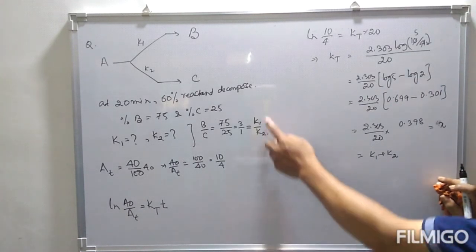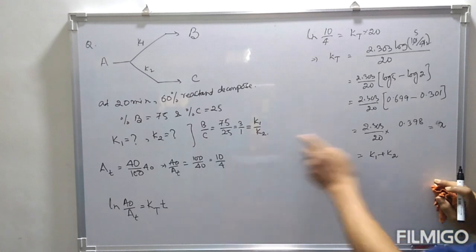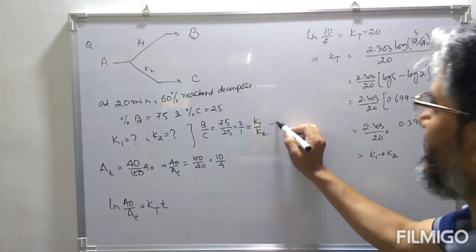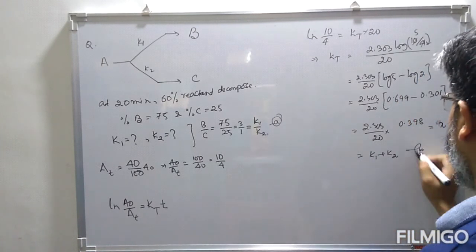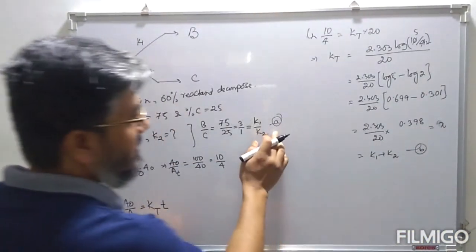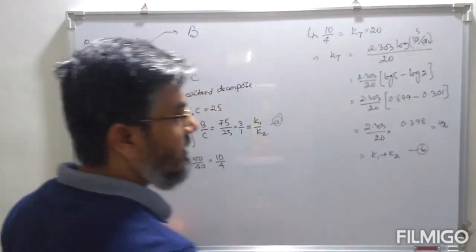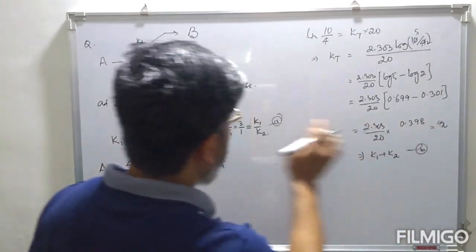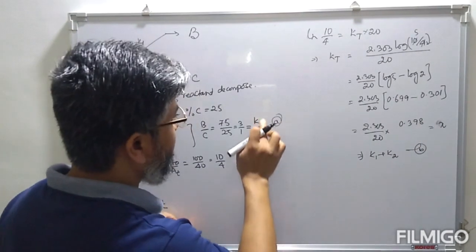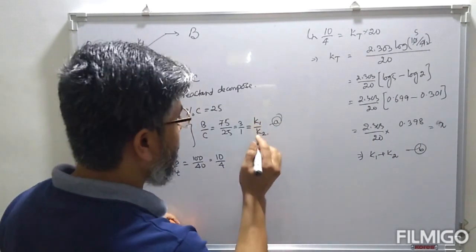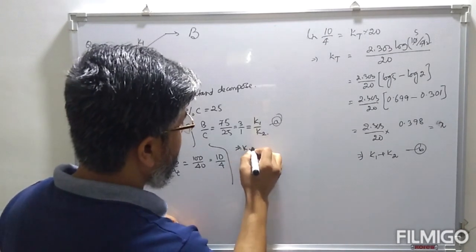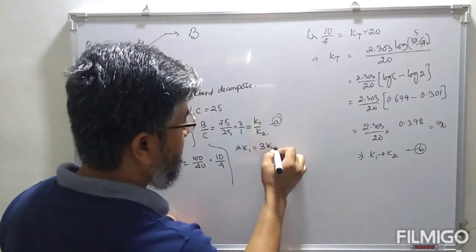So we have K1 by K2 as 3:1 and K1 plus K2 as X. So we have these two equations, equation A and equation B. From equation A and equation B, we will find the value of K1 and K2. Look at this, K1 plus K2 is X and K1 by K2 is 3, so we can replace K1 in terms of K2. Therefore K1 is equal to 3 times K2.